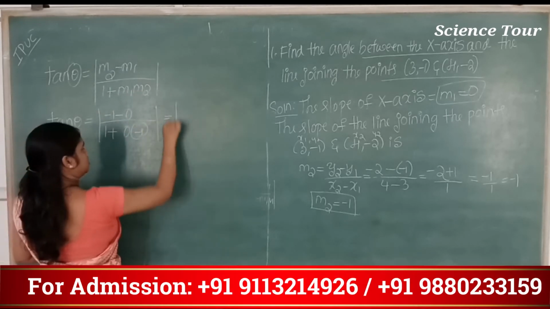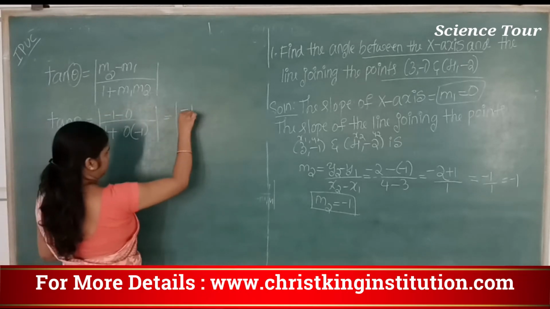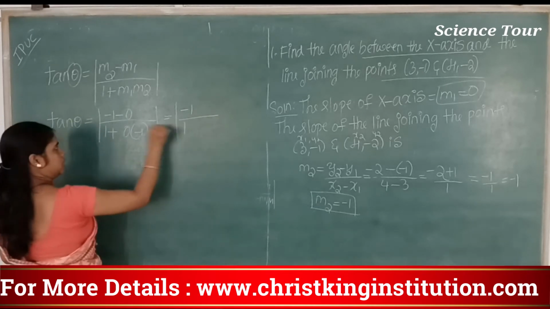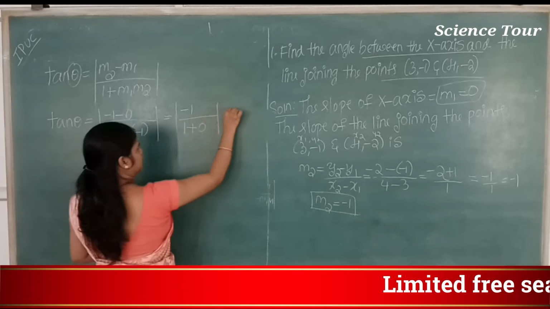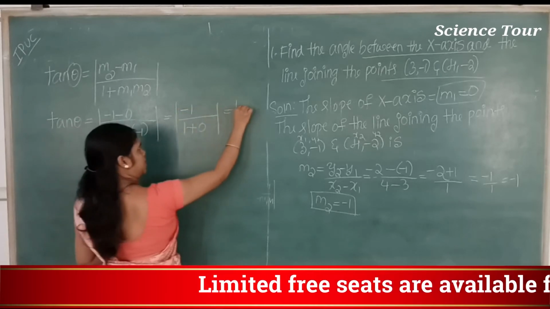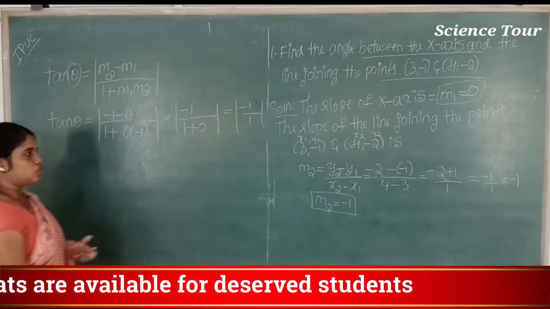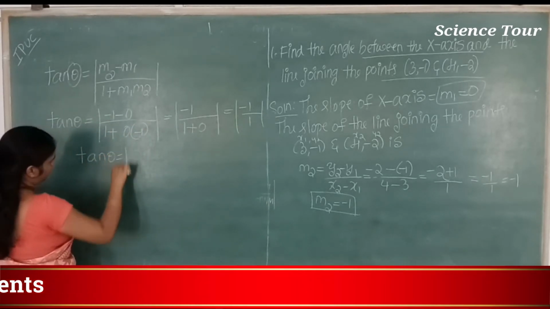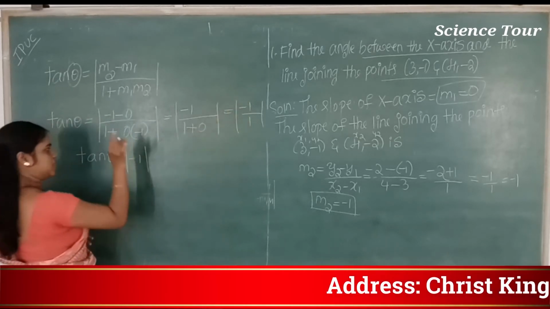So this is equal to minus 1 minus 0, which is nothing but minus 1, by 1 plus 0 into minus 1, which is 0 itself. This is equal to minus 1 by 1 plus 0, which is nothing but 1. So therefore tan theta is equal to modulus of minus 1 by 1, which is minus 1.